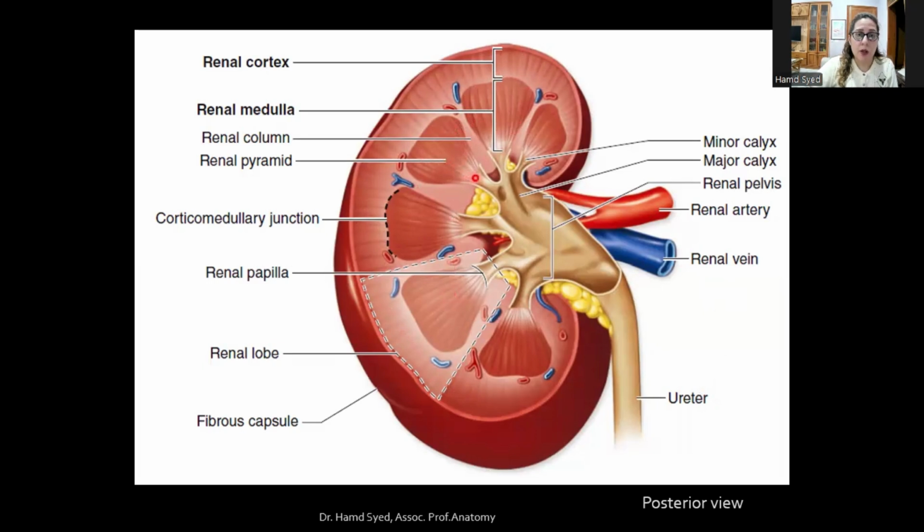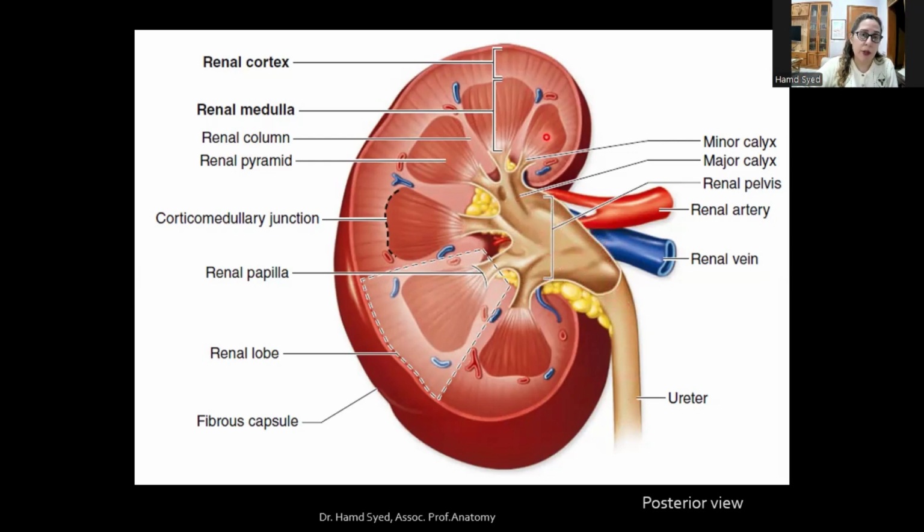And these pyramids are converging into this portion over here, which is the renal papilla. And eventually they will converge into the calyces, and the minor calyces will then merge into the larger 2 or 3 major calyces, which will then form the renal pelvis, which is the upper expanded portion of this here ureter.